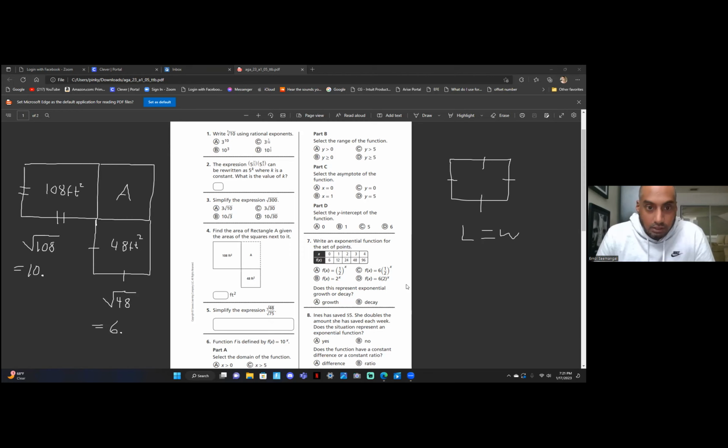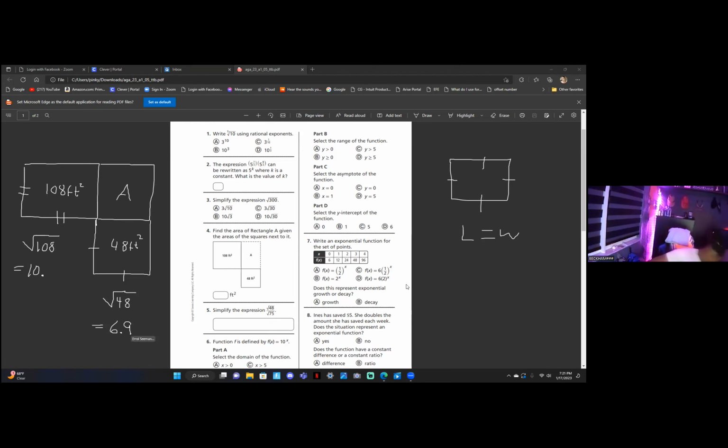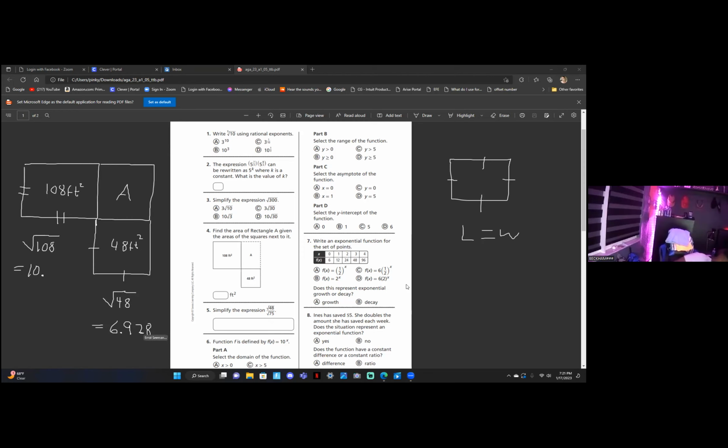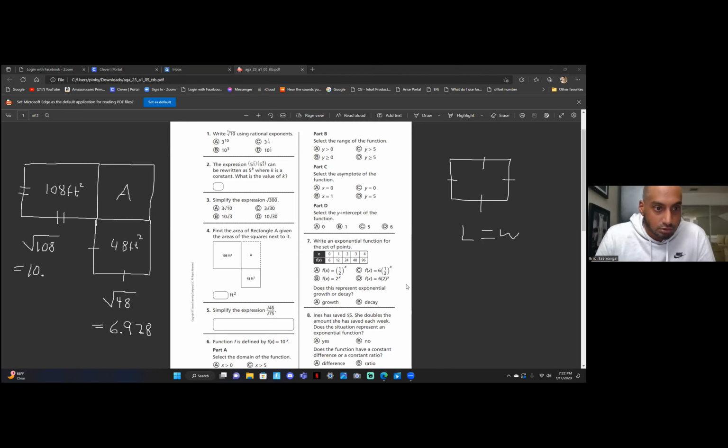Root 48 is 6.9. Give me three decimals: 6.928. Okay, do the other one for me, root 108. 10.392.